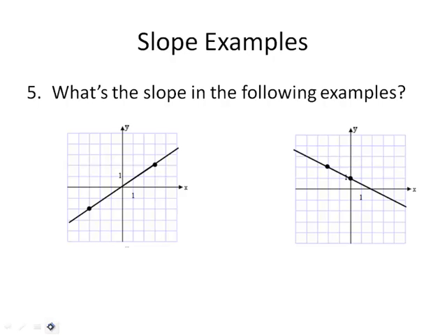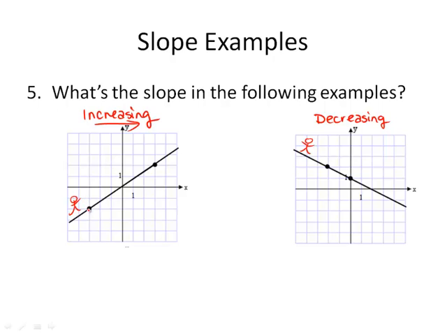Let's look at the following examples. Here we have an increasing line going up, going from left to right, and a decreasing line, which goes down, going from left to right. So here you're walking down, here you're walking up.